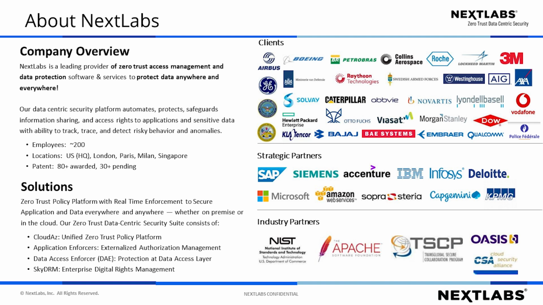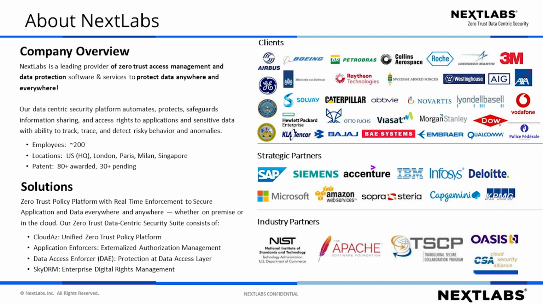So for those of you who may not know as much about NextLabs, just a brief overview to make sure that everyone knows where we're coming from. We're a worldwide company, with locations in the U.S. as well as overseas, and headquarters in the U.S. We have many customers like Boeing, who are large Fortune 100 companies, as well as government and military customers.